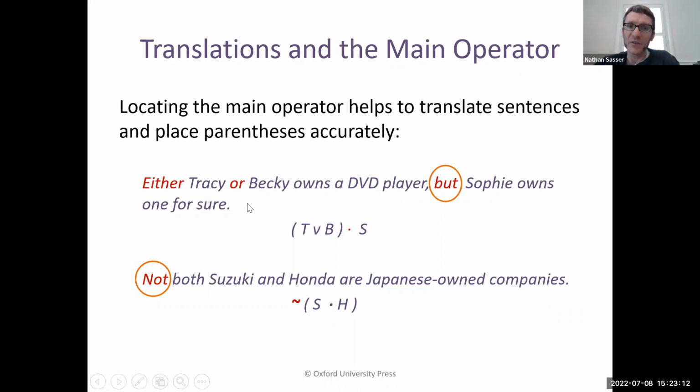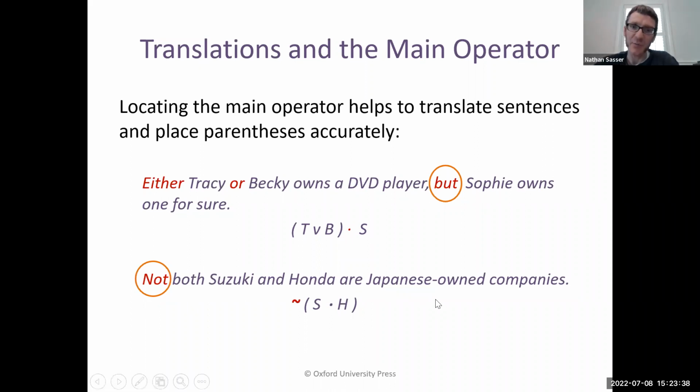Now, the either-or is a disjunction, and then you've got this conjunction, the but. And the question is, where should we put the parentheses? And which operator is really the main one? And you can clarify that by putting parentheses around the disjunction and then the but is symbolized by the dot sign, which is between the two main statements.